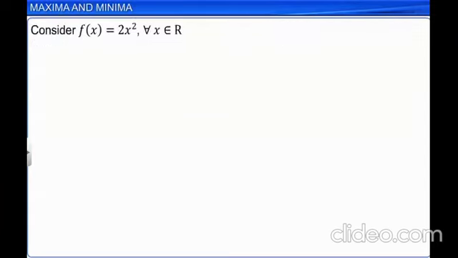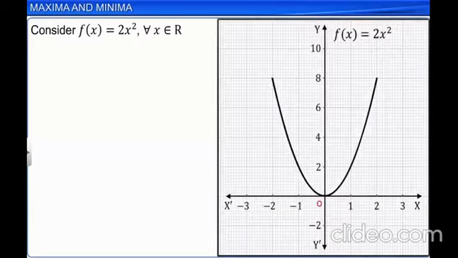Consider the function f(x) = 2x squared for all x belonging to the set of real numbers. Let us find the maximum and minimum values of this function in the domain R. The graph of the given function can be drawn as shown. Now, observe the graph carefully.